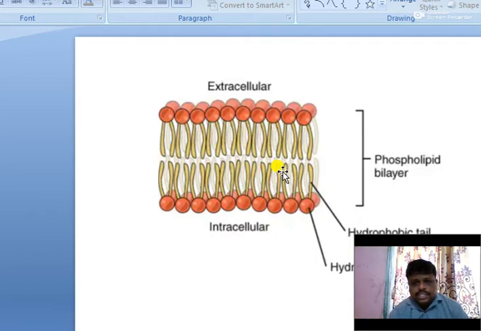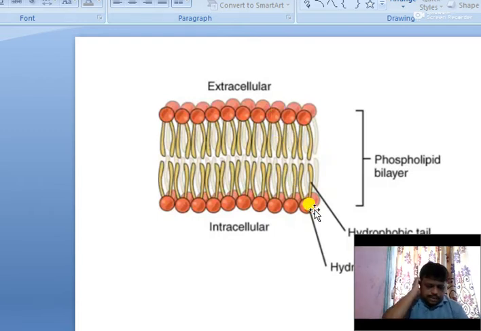As far as phospholipid is concerned, this is a classical example, and this model is called the lipid bilayer structure in the aqueous medium.